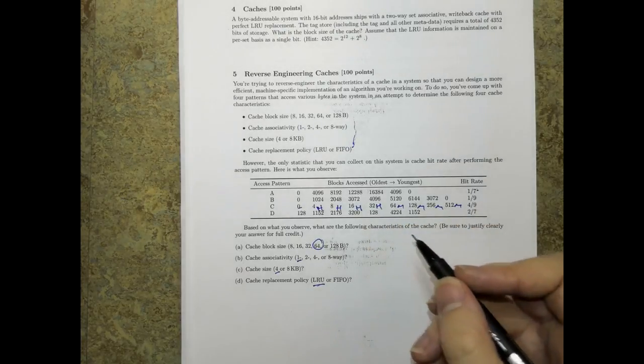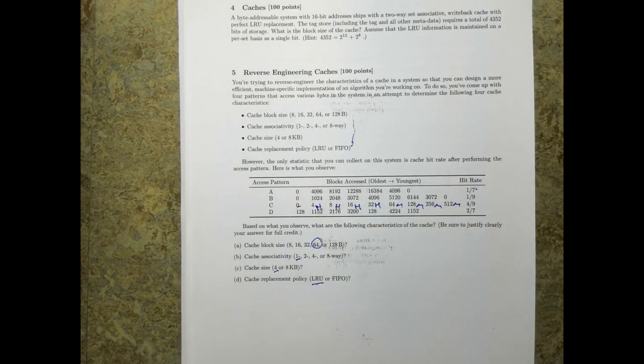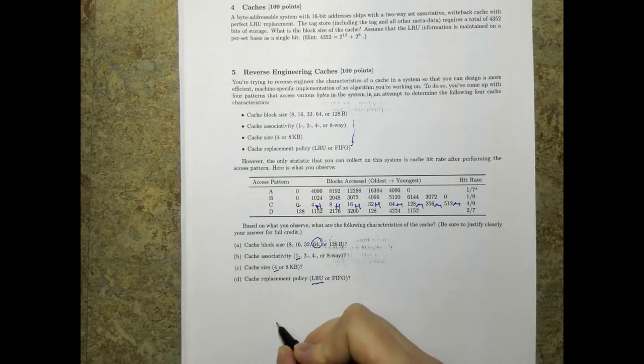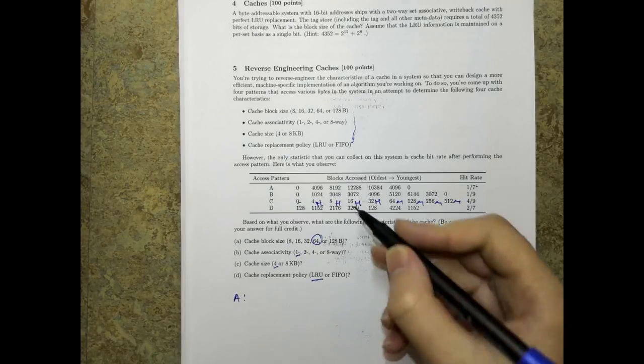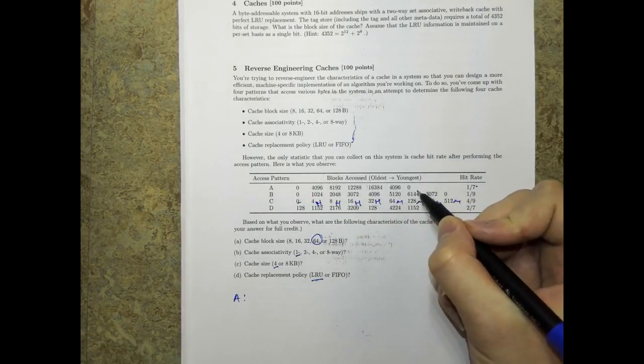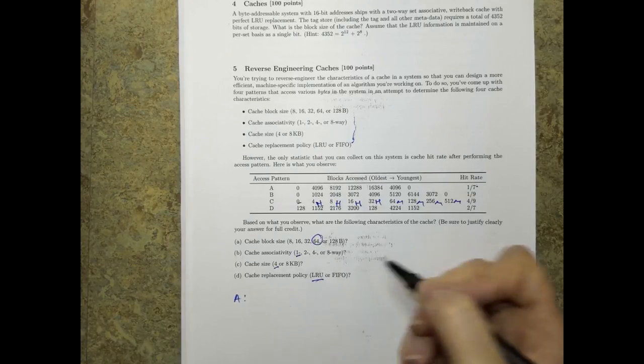Since now we know the cache block size to be 64 bytes, we can calculate the index. If you have a direct mapped cache, the index will be address divided by 64. So let's write the indices. Can you see this? Okay, I will write here. Here we had addresses of blocks accessed, and here I will put the indices that we have, assuming the cache block size is 64 bytes.